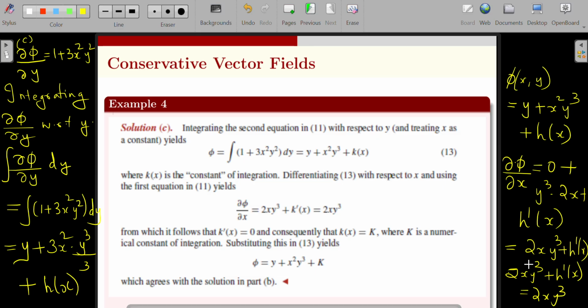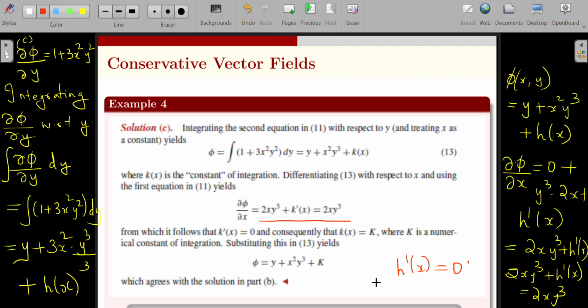That is the thing that we have done here. In this particular solution they have taken it as k dash of x, and I have taken it as h dash of x. That is the only difference. So 2xy cube plus h dash of x equal to 2xy cube. From this we get that h dash of x is equal to 0.